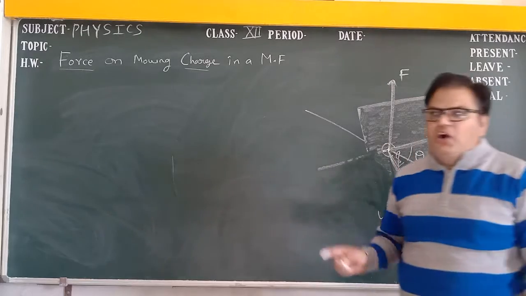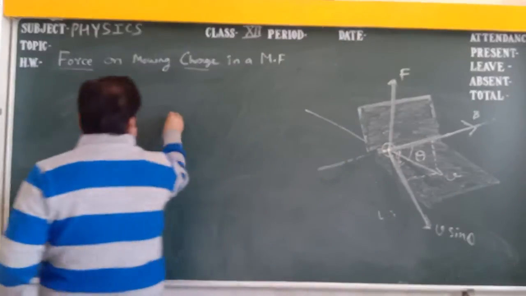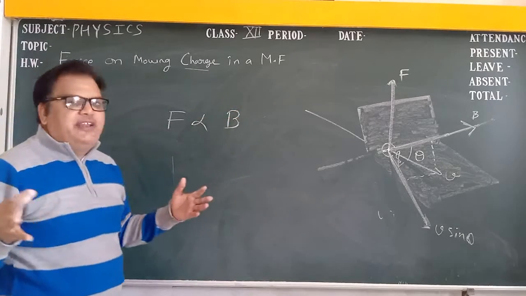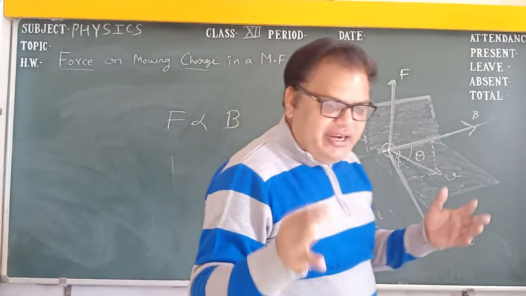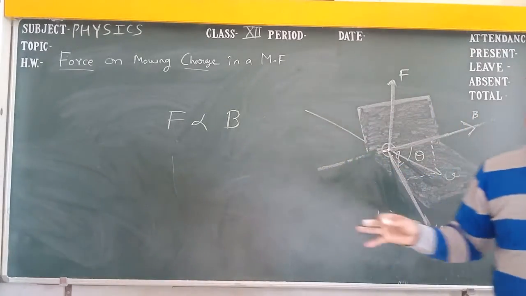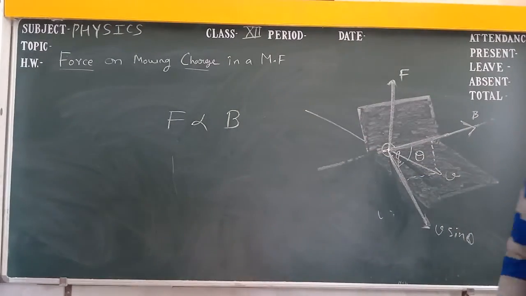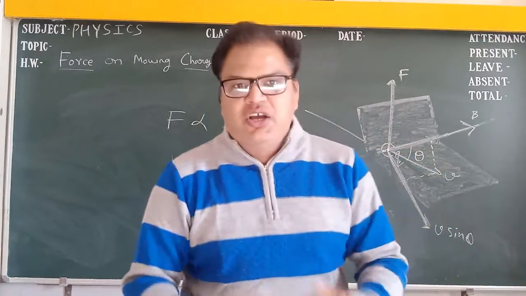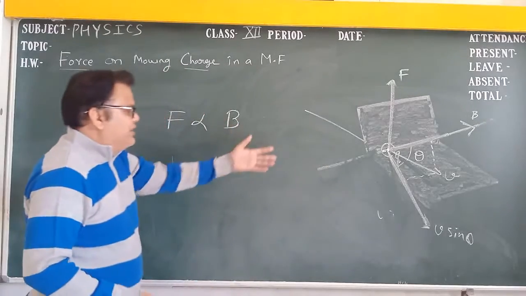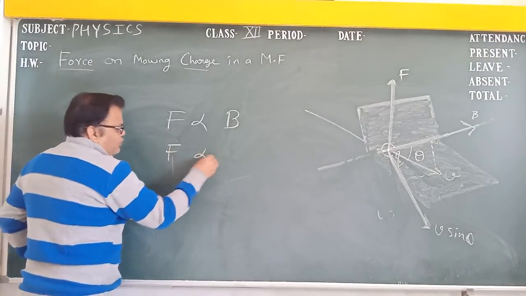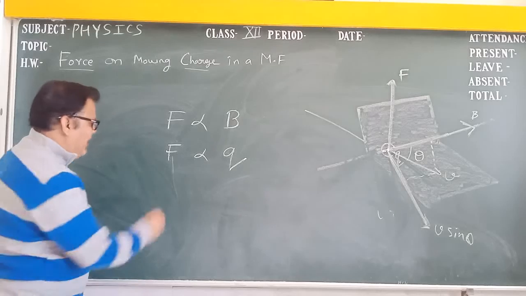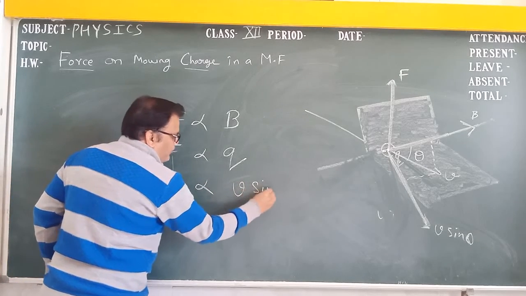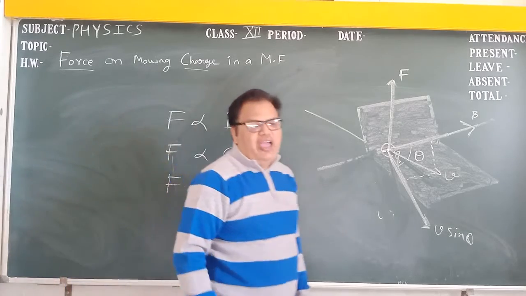Force F is directly proportional to the magnetic field applied by us. Force is directly proportional to the charge, the magnitude of the positive charge. And force is directly proportional to the perpendicular component of the velocity, that is V sin theta.